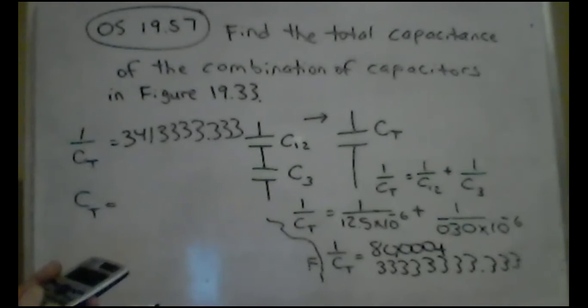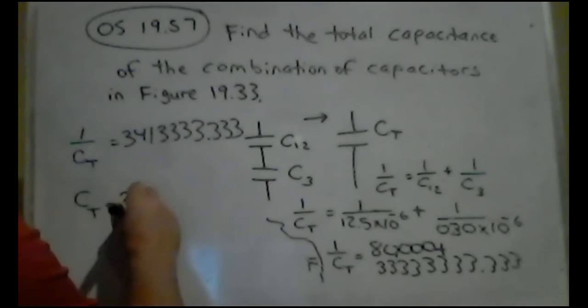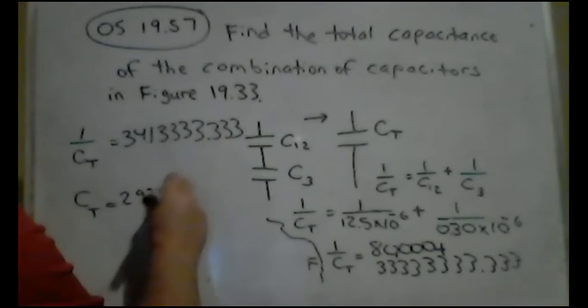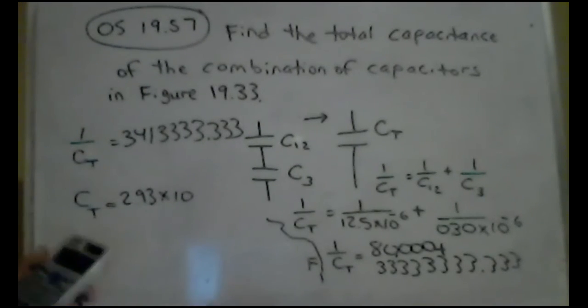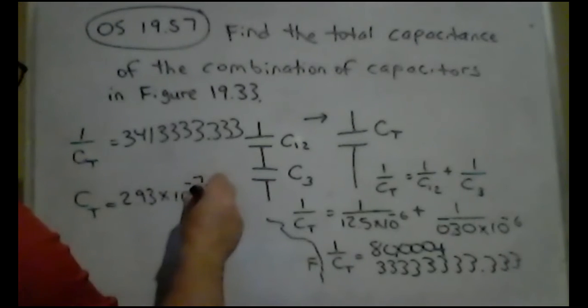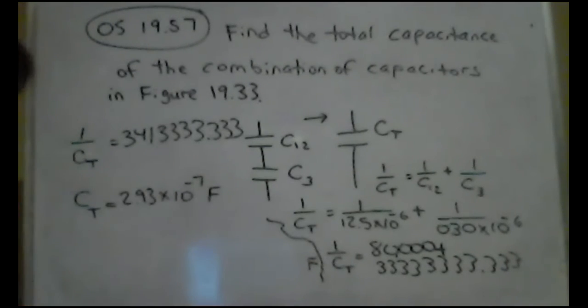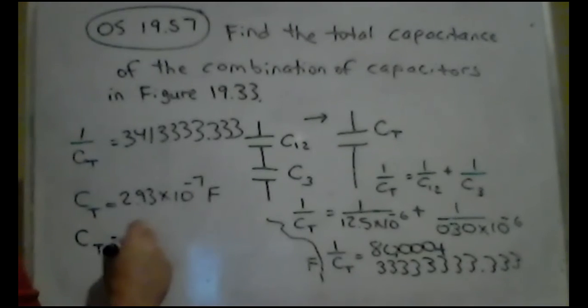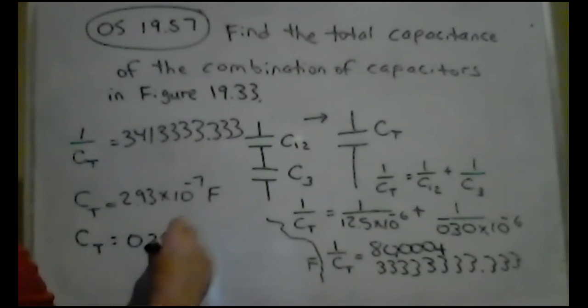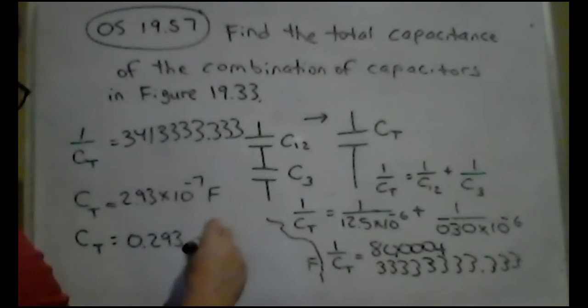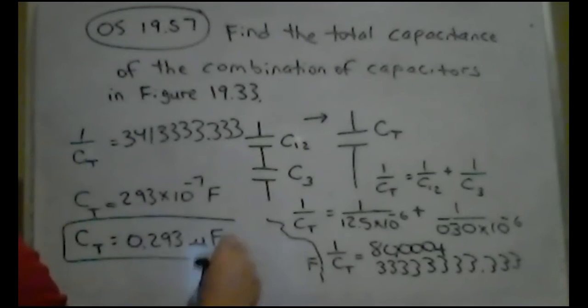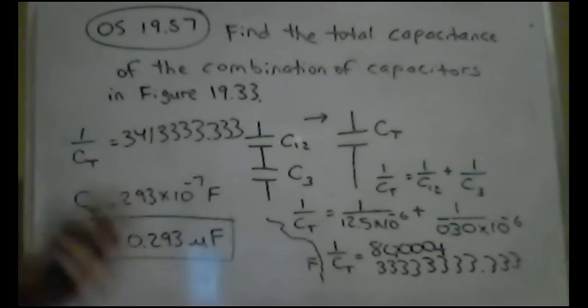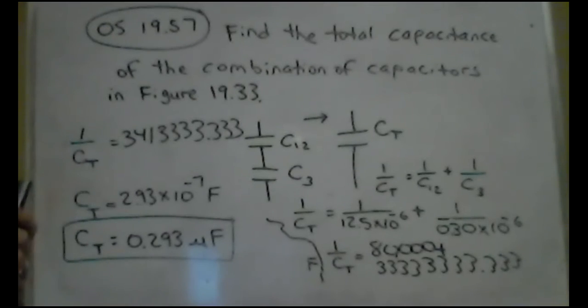So take the -1 on that, and that's going to be 2.93 times 10 to the -7 farads, or C sub t will be 0.293 microfarads.